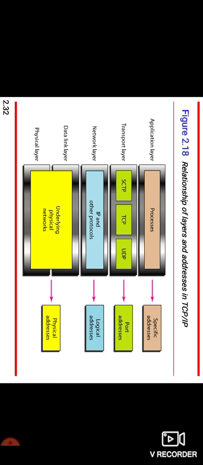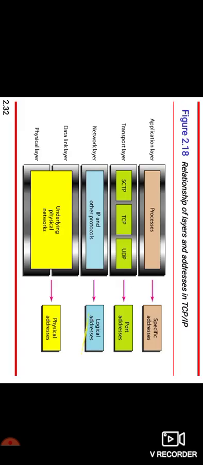Then what are physical addresses? The physical address is also known as the link address. The link address is the address of the node as defined by its LAN or WAN.